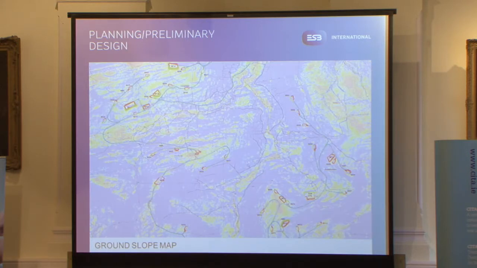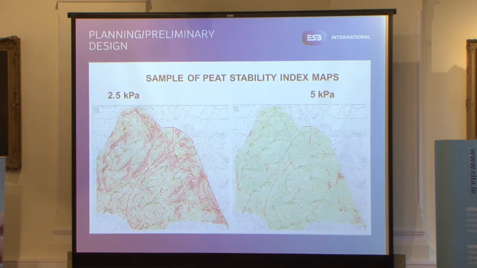We can also create a ground slope map, which just splits the site up into areas of different slopes. And then we can use a combination of Civil 3D and Autodesk mapping tools to create a peat stability index map from the ground surface, the peat depth surface, and assumed peat strengths.